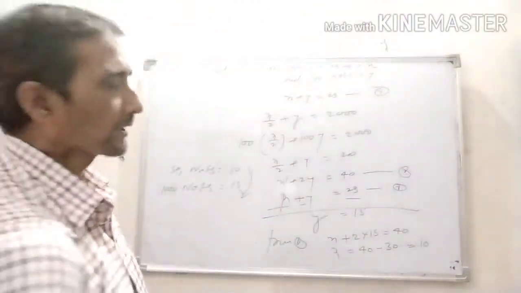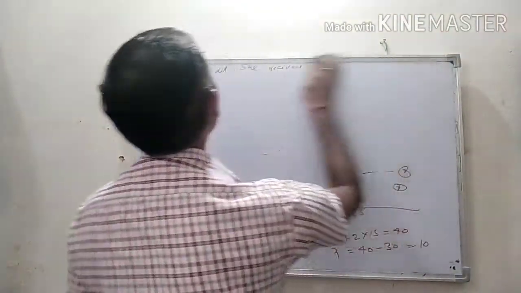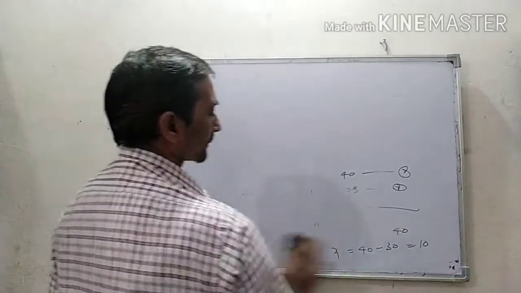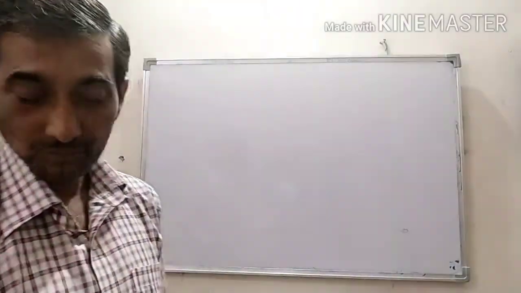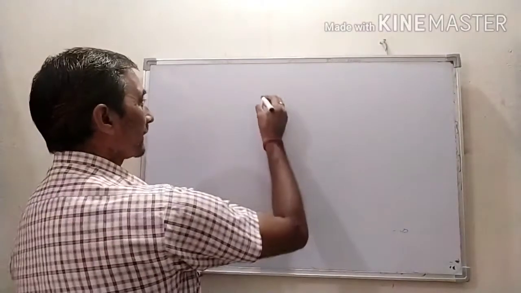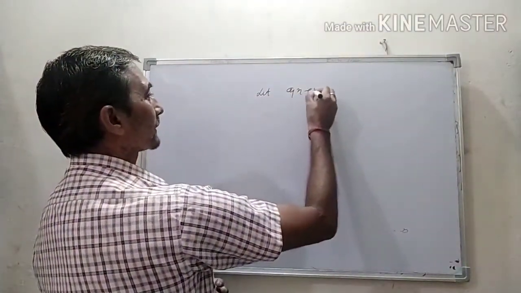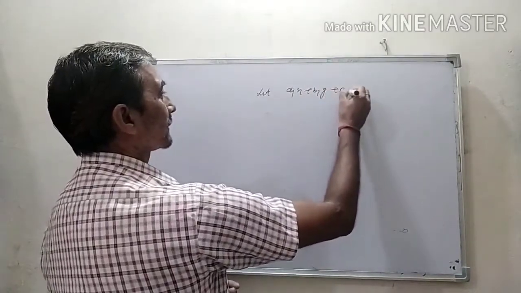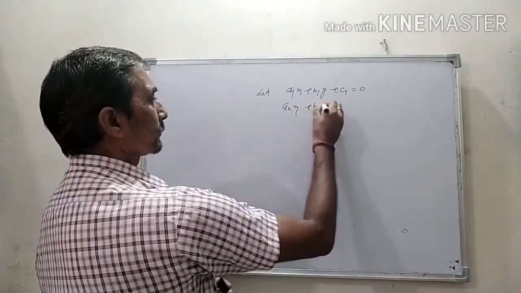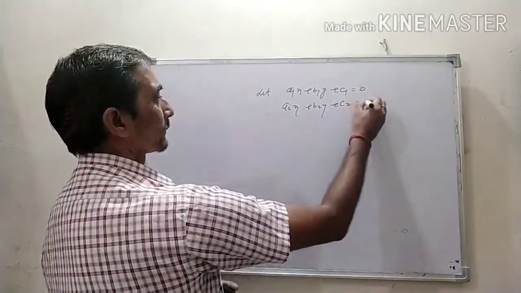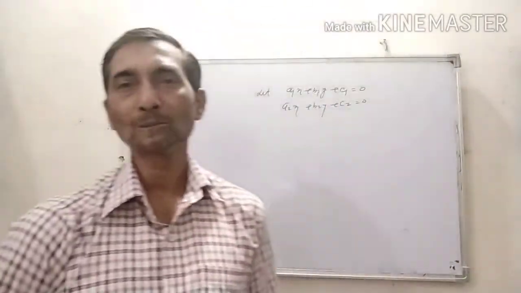So come and try to read it. Let a1x plus b1y plus c1 equal to 0 and a2x plus b2y plus c2 equal to 0. These are two linear equations.